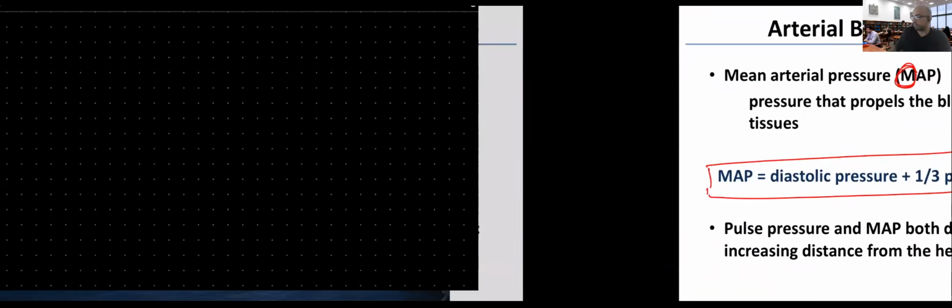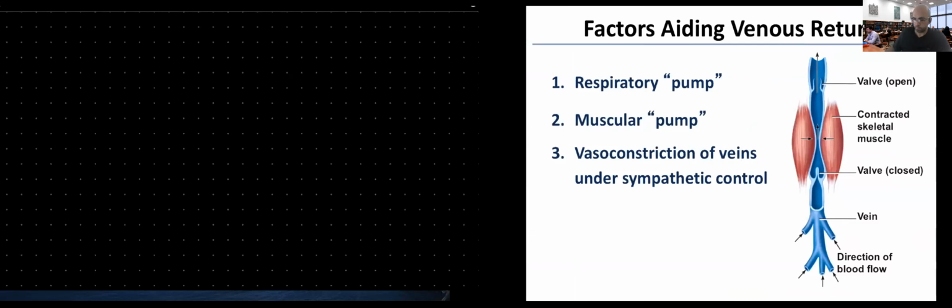Because there is no difference between systolic and diastolic. The pressure is going to be around 50 millimeter mercury, and as you keep moving towards the right atrium, this is going to be going down.